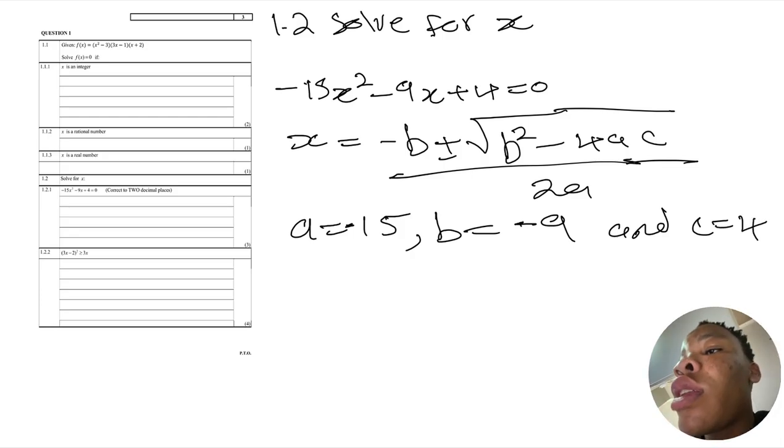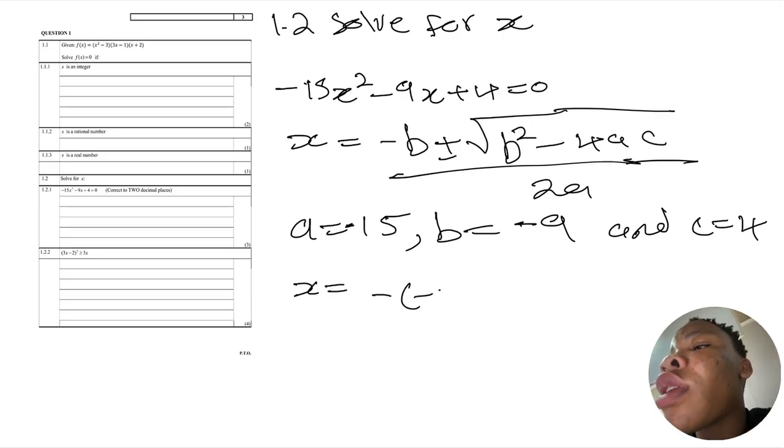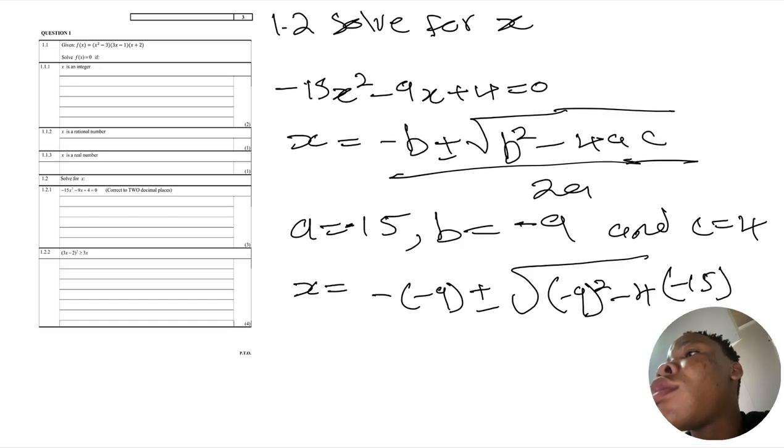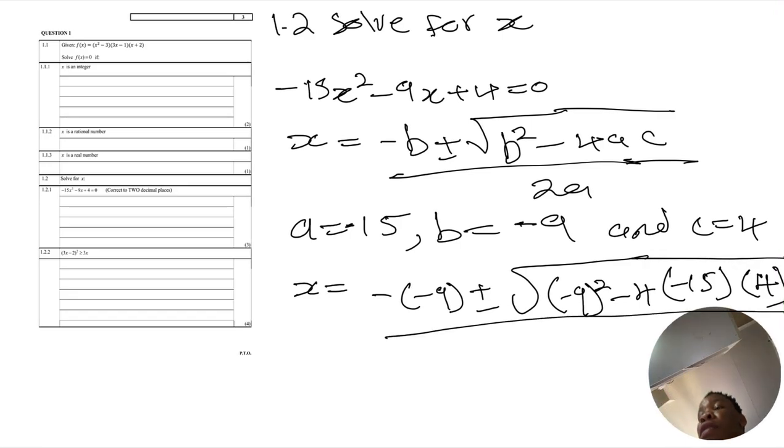So now we just plug in everything. x is equal to minus b, which is minus negative 9, plus or minus the square root of negative 9 squared minus 4, open the bracket, negative 15, into 4, all of them divided by 2 into negative 15.